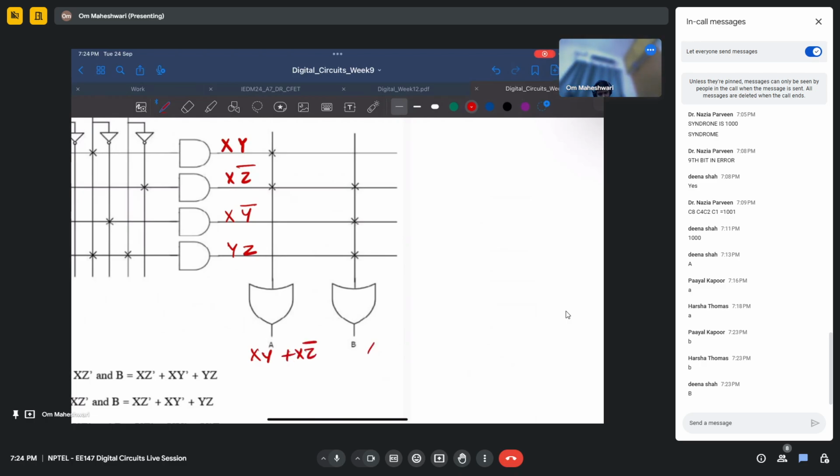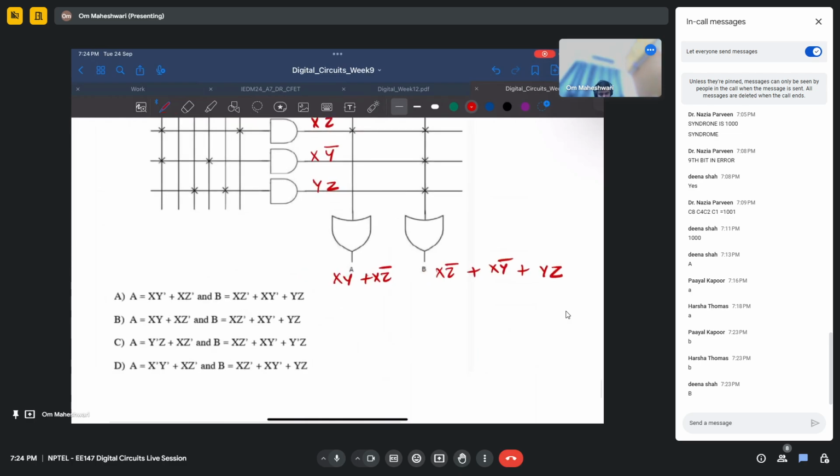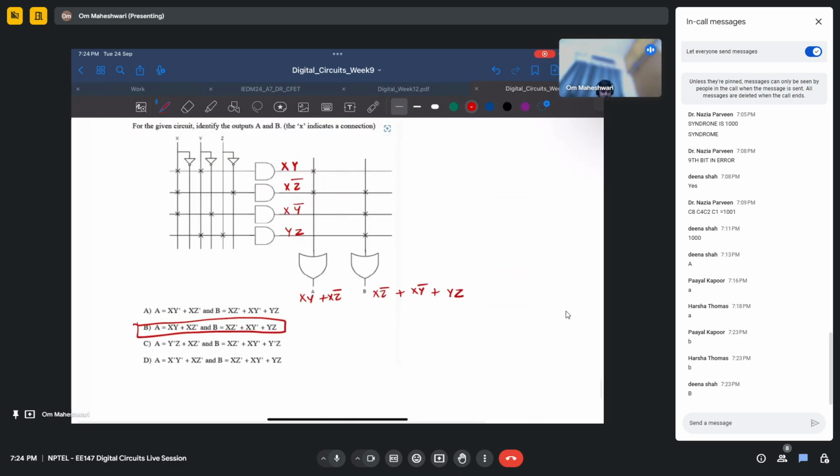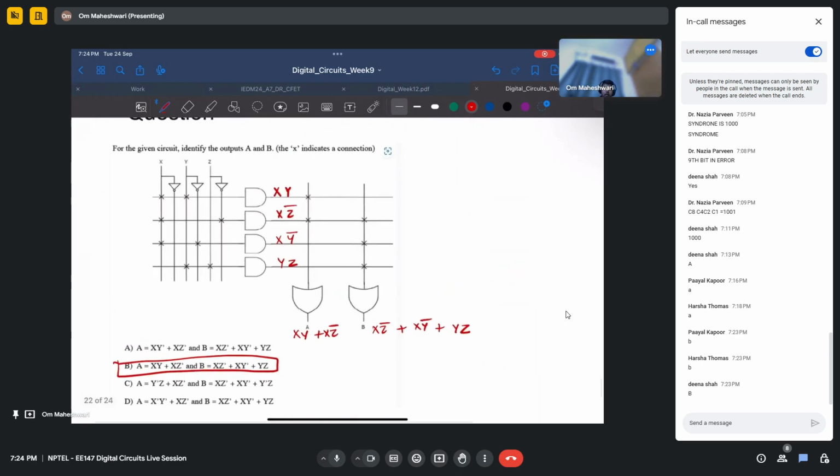B is XZ bar plus XY bar plus YZ. So it is option B. This was straightforward. Okay, next one.